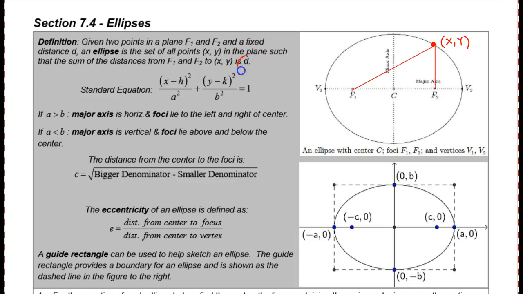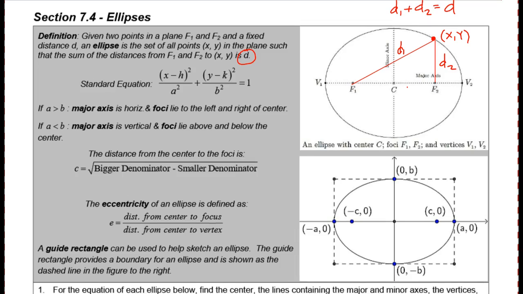And that constant here is called d. So if we call this d1 and this d2, we can say distance 1 plus distance 2 equals that fixed distance d. Now, really, we're not going to talk about d that much, other than that is the definition of an ellipse. From this point forward, we won't really see that d anymore.